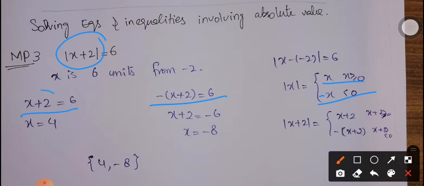At first we take it positive and solve the equation to get x is equal to 4. In the second case we take the expression to be negative. We always take the expression negative, not the other side. So we have x plus 2 is equal to minus 6, that is x is equal to minus 8, and hence our solution is 4 and minus 8.